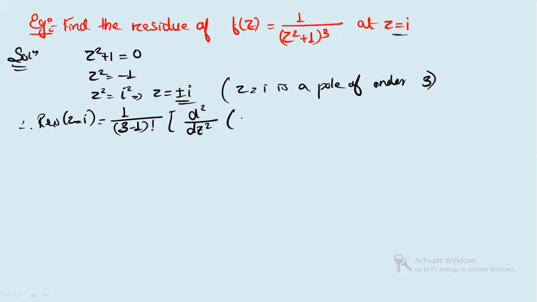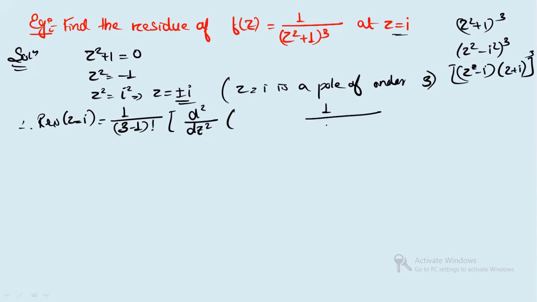In this case, you can write this (z square plus 1) whole cube as (z square minus i square) whole cube. So this will be (z minus i) into (z plus i) to the power 3. So you can write it as 1 by (z minus i) whole cube, (z plus i) whole cube.